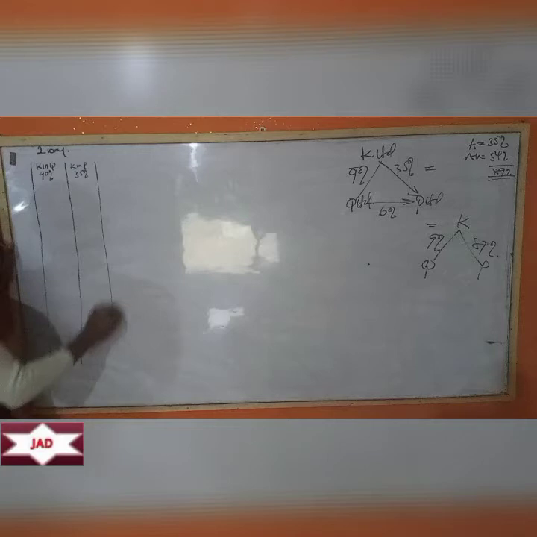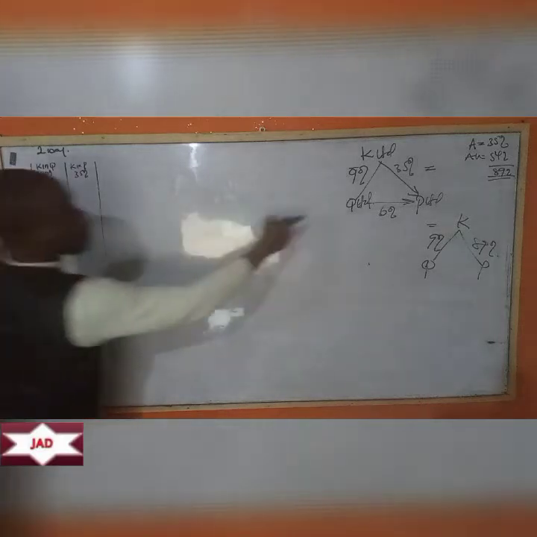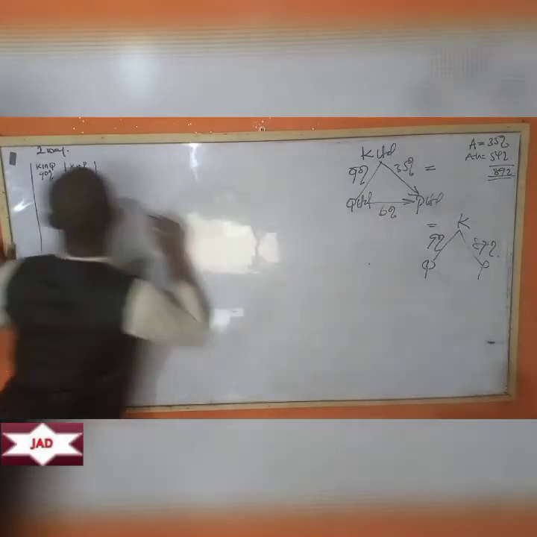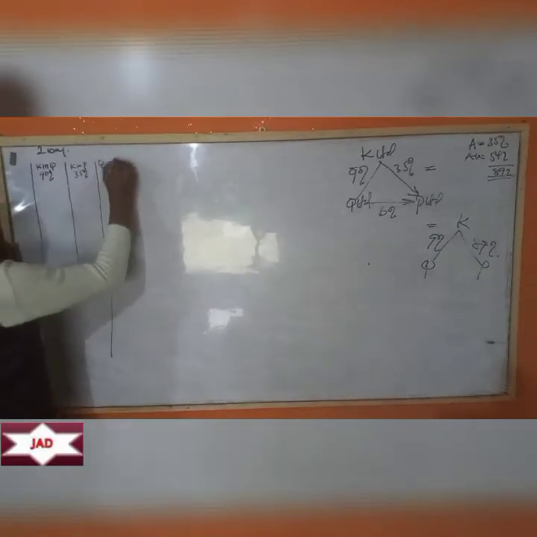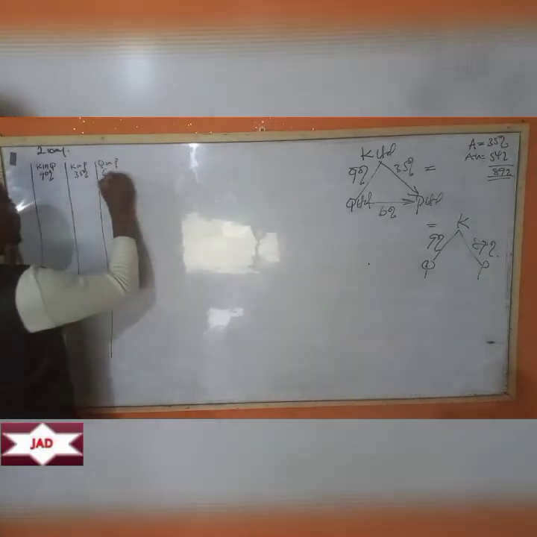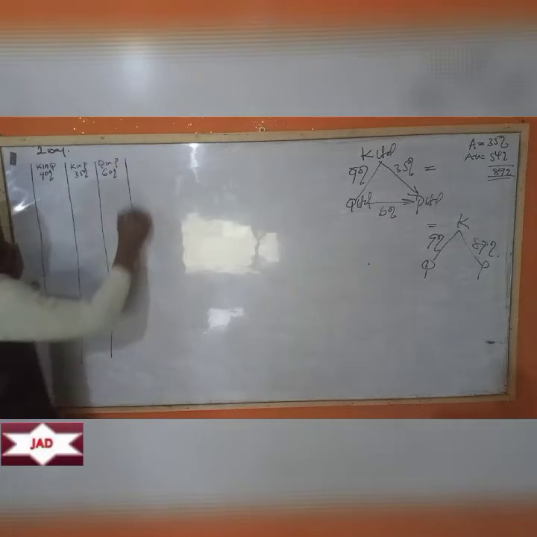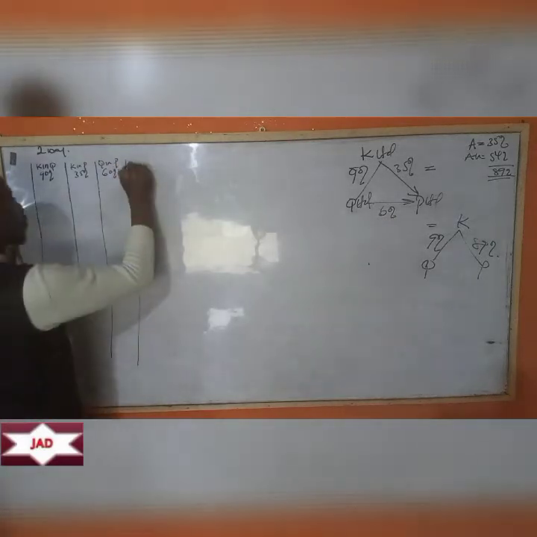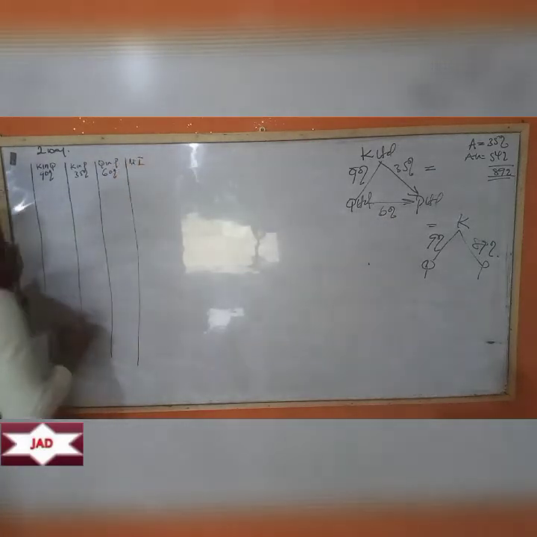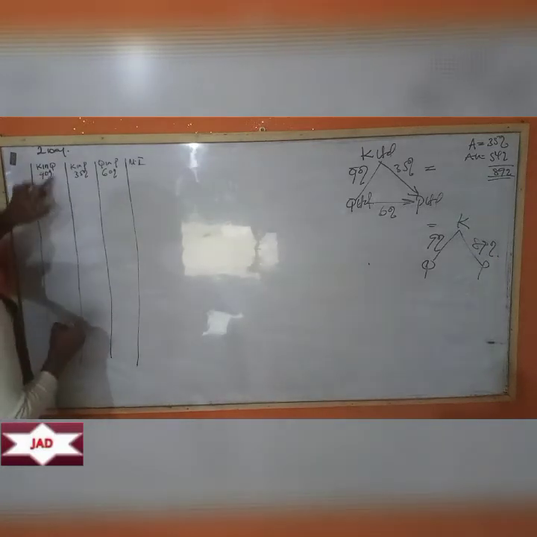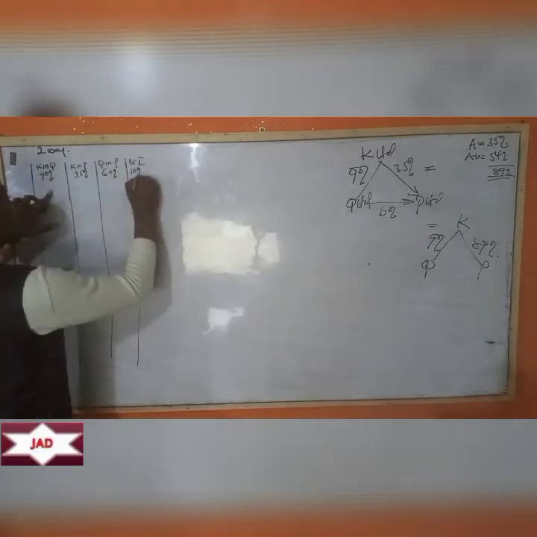And then Q in P, which is 60%. So we have minority interest: with respect to K in Q, that will be 10%.